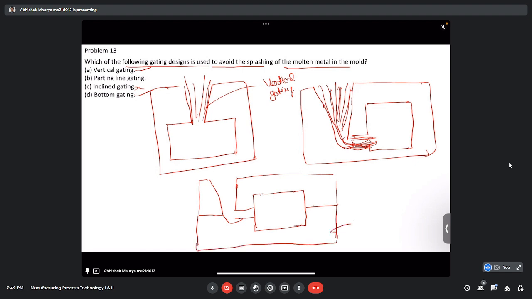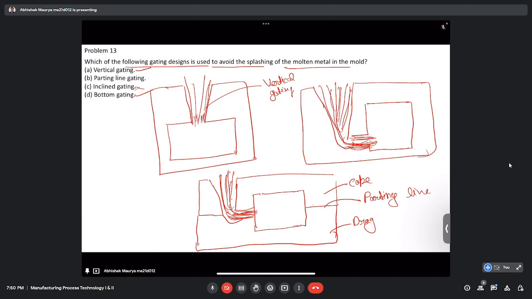So this is the drag, this is the cope, and this is the parting line. Here molten metal is coming from here, and it is getting filled from the parting line.